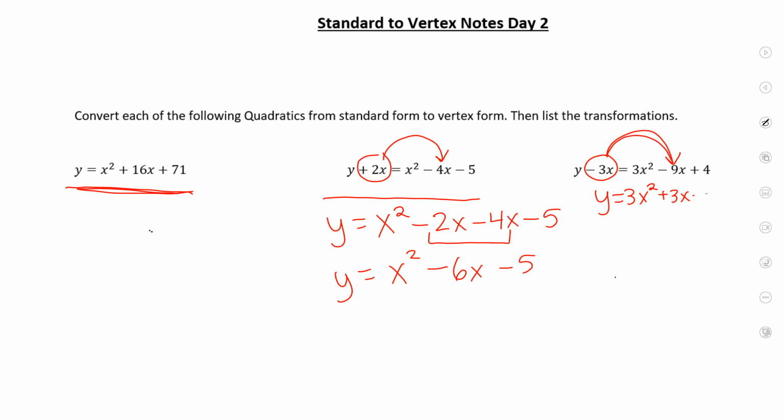And then I have my minus 9x plus 4. And again, I'm going to combine the middle terms. 3x minus 9x is negative 6x. Everything else can just come down.